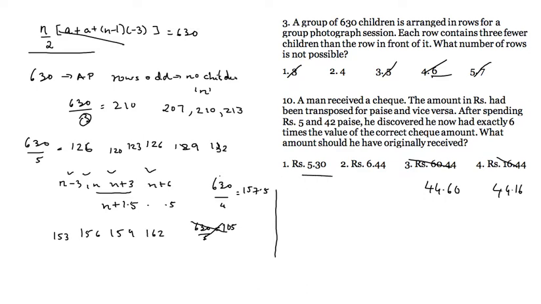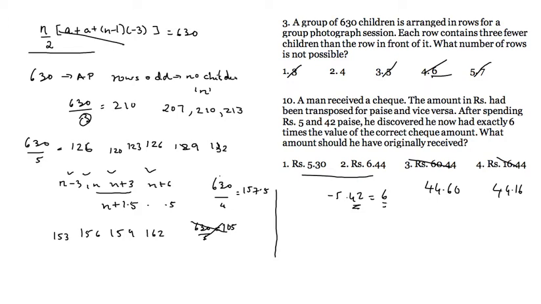Now, between these two options, you can substitute one, and if it works, great, otherwise, mark the other one. Or you could also notice that after transposing and removing 5.42, right, you are left with a multiple of 6. So the number of paise, this is a multiple of 2, this is a multiple of 2.